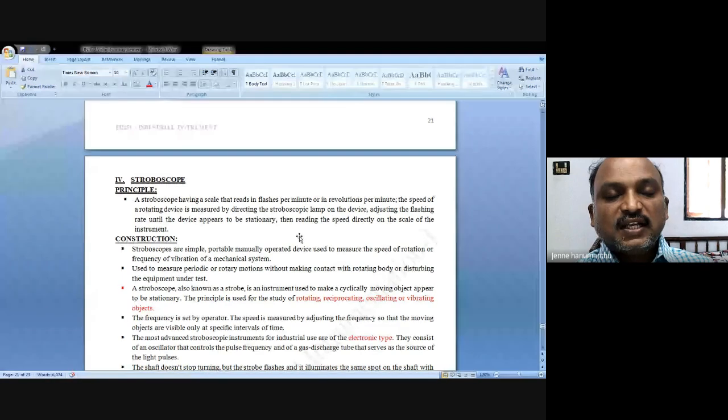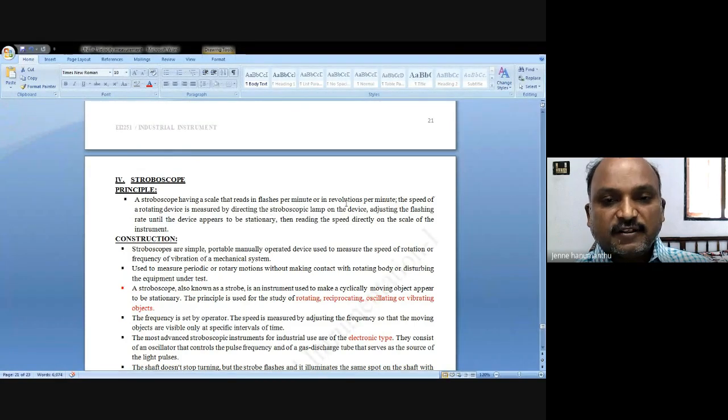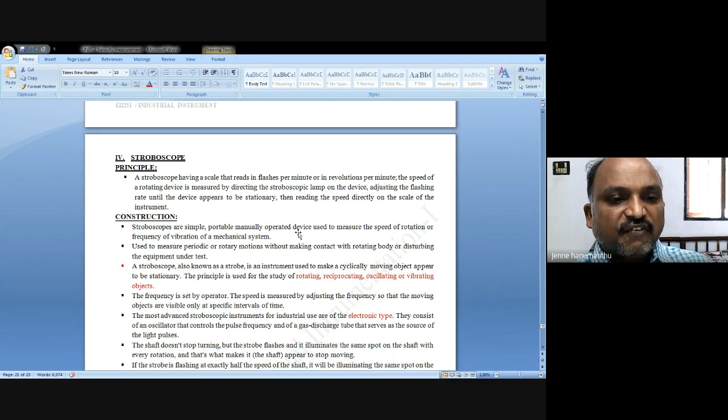So what does the scale indicate? The scale of this device indicates the speed of the rotating device directly. Okay. So how is it possible? We should first see the diagram.